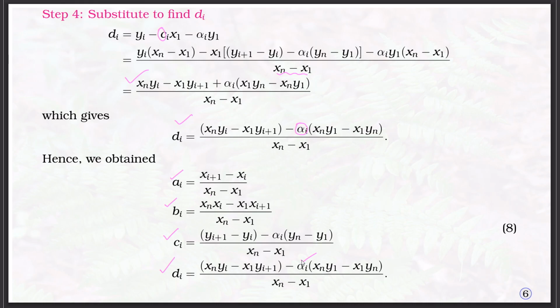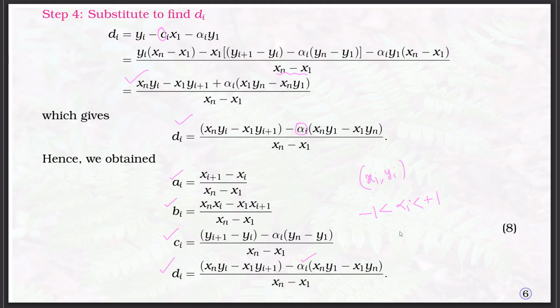Then here alpha is the free parameter, it lies between -1 and +1, and xi and yi will be given in the problem. That means data points will be given to us.